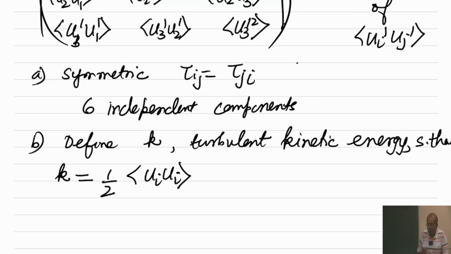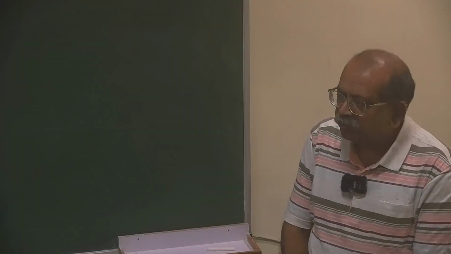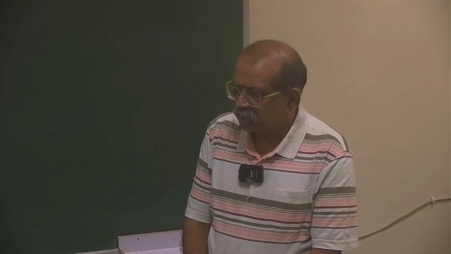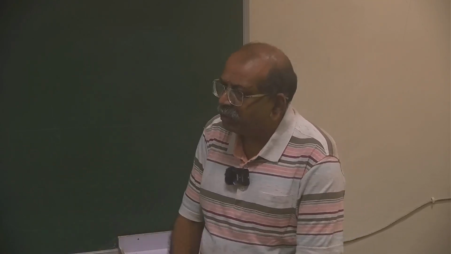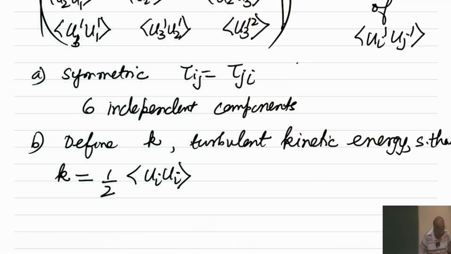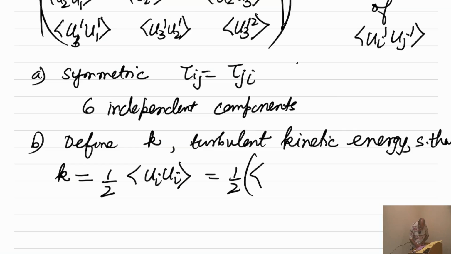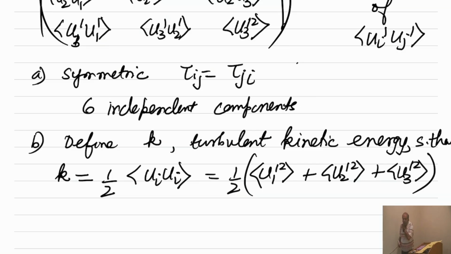Okay. So for the first time in this course, we have introduced the concept of turbulent kinetic energy. Now there is a summation convention, so this will be equal to half of u1 prime square plus u2 prime square plus u3 prime square.